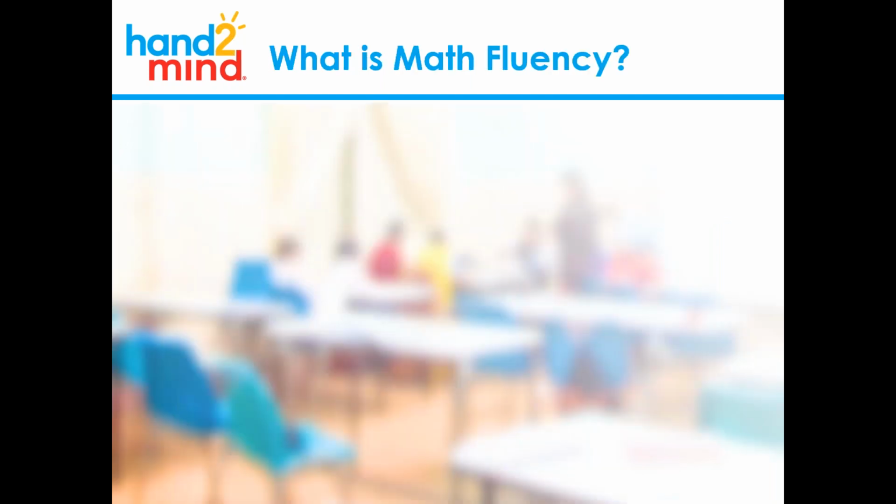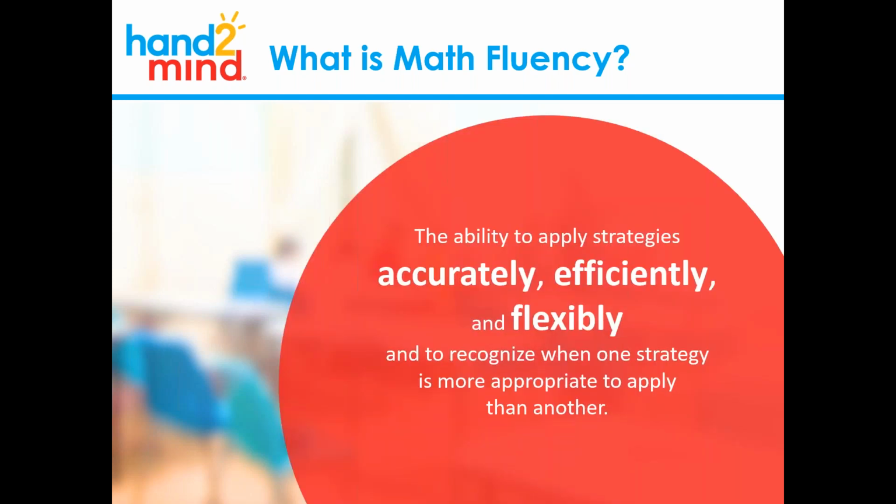So how does this connect to math fluency? Well, looking at this definition, math fluency is really the ability to apply strategies accurately, efficiently, and flexibly, and to recognize when one strategy is more appropriate to apply than another.